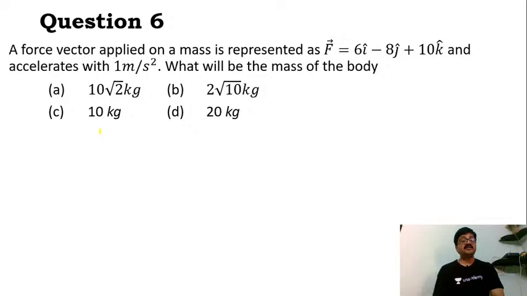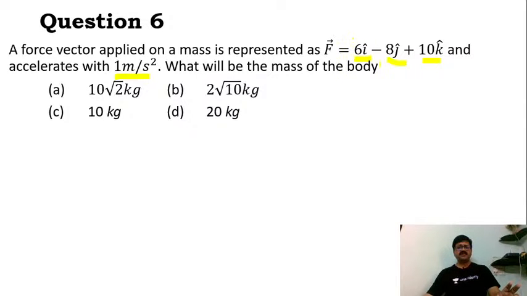Now, in case of question number 6, a force vector applied on a mass is represented as F is equal to 6I cap minus 8J cap plus 10K cap and accelerates the mass with 1 meter per second square. What will be the mass of the body? This problem is very simple.